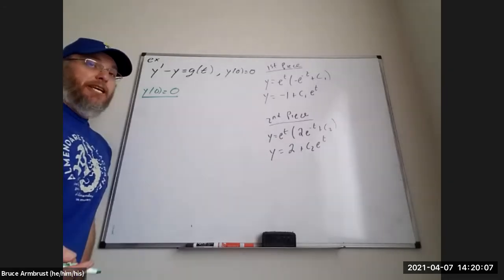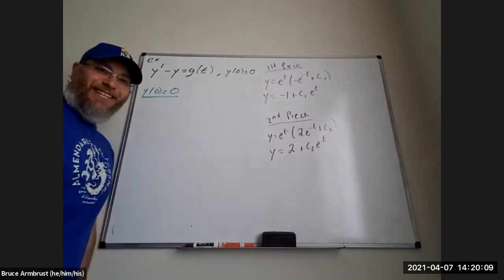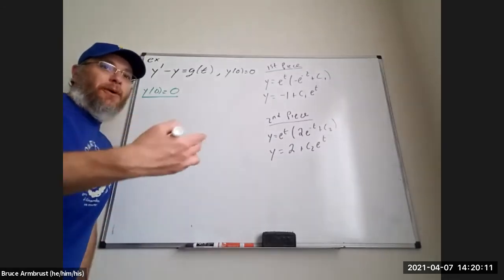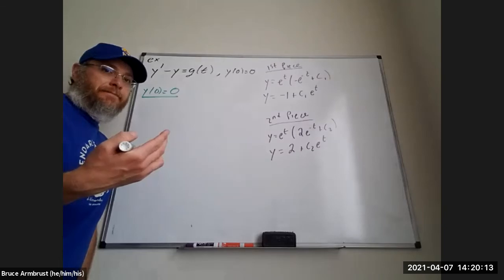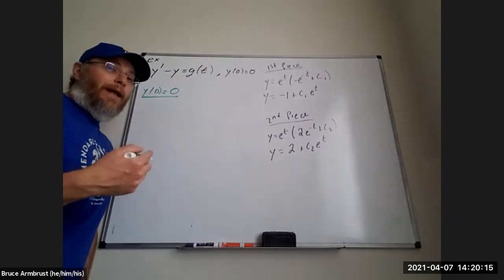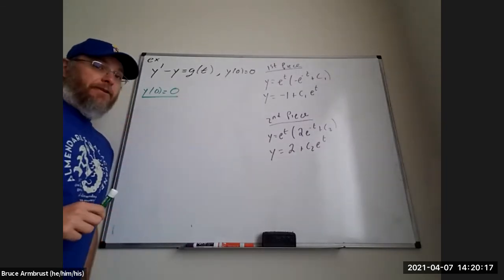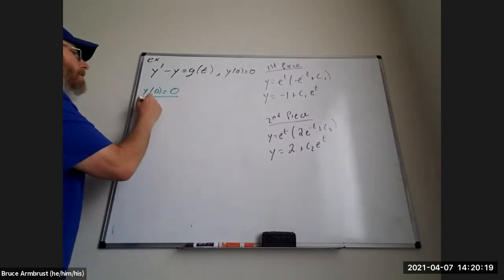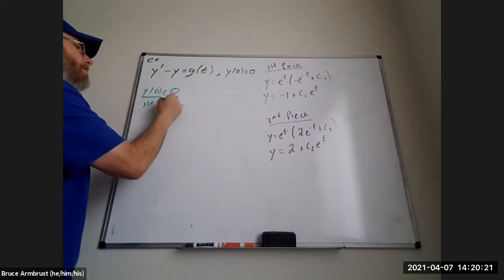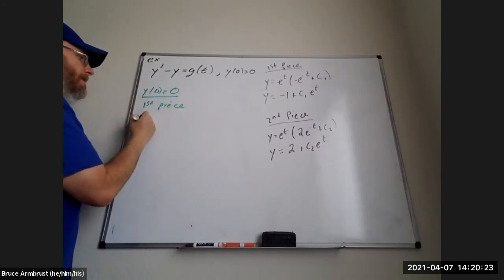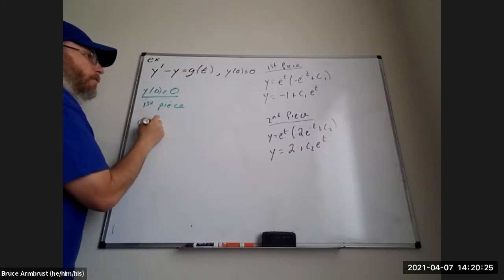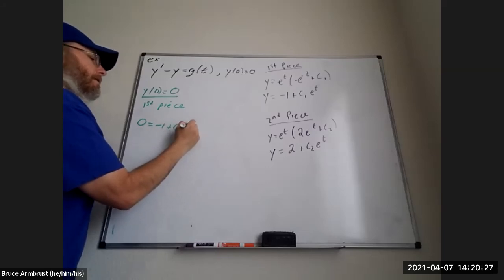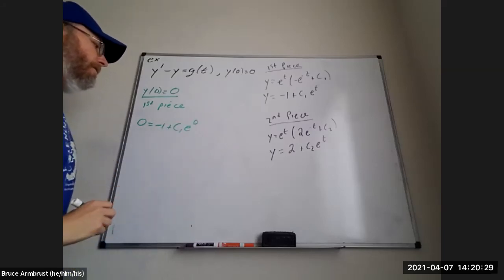Because remember with our g, I probably shouldn't have erased it, the first piece was from 0 to 1. So when we're at 0, we're following that first piece. So let's go to the first piece and plug this in. We're going to get 0 for our y. We're going to plug in 0 for our t.